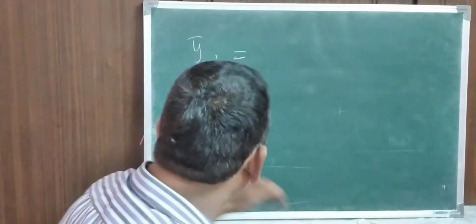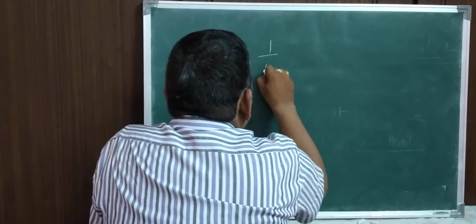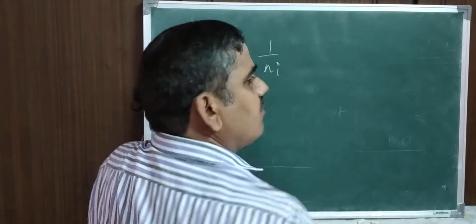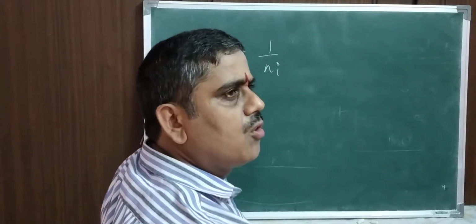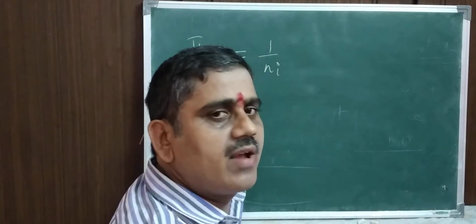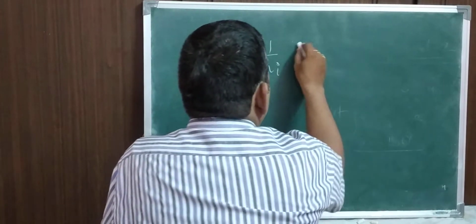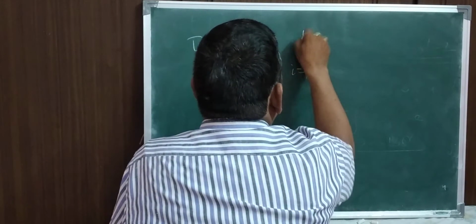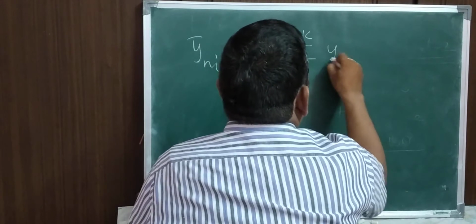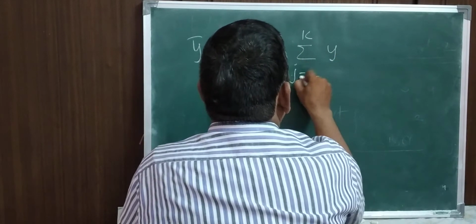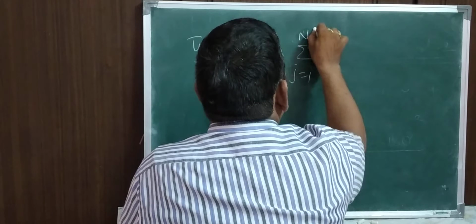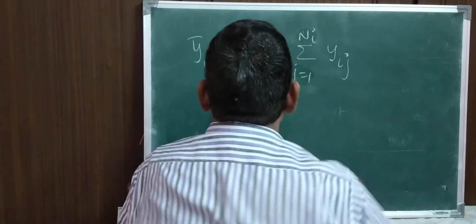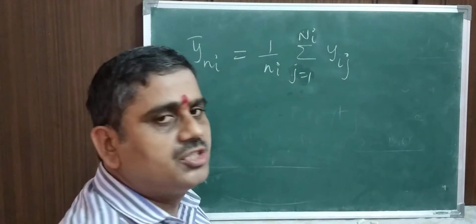So therefore y bar ni is equal to 1 by ni summation j is equal to 1 to ni yij. If you recollect, whatever the same kind of notation we follow, the only difference is capital Y and small y, that's all. Whenever y bar ni, it refers to summation over j.